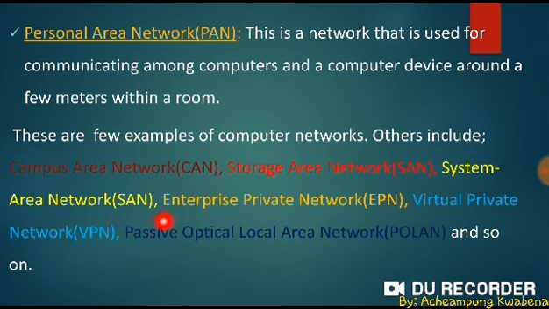Then we have the passive optical local area network, POLAN, and so on. We have several types of computer network, and we said earlier on that this network comes depending on the geographical area in which the network is formed.